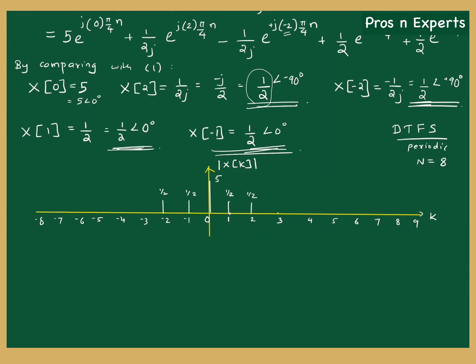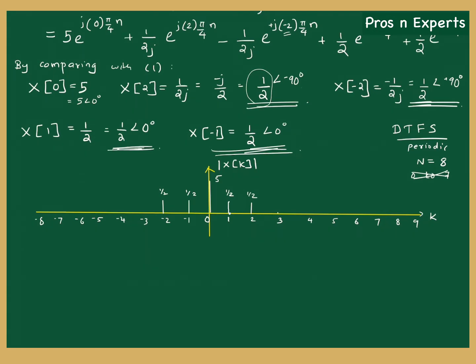So let us take a repetition interval. Normally for an error-free plot, we take one period not from 0 to 7. You can take it from 0 to 7, which means 8 samples. But for error-free plotting, always take 8 samples from negative to positive values.